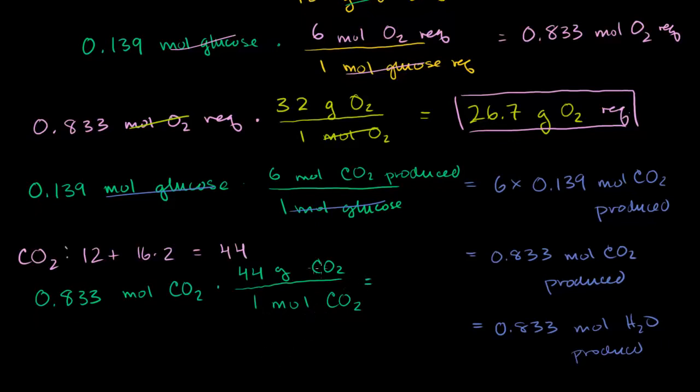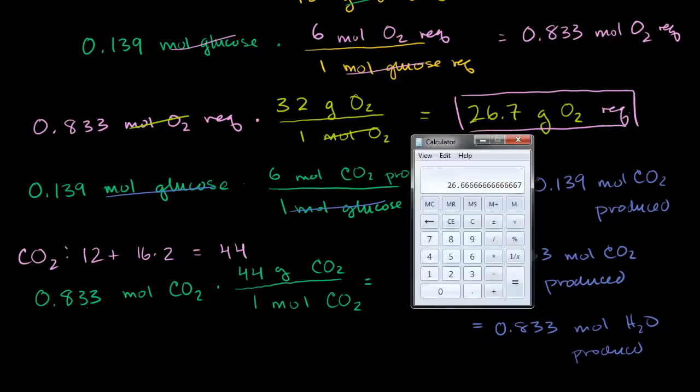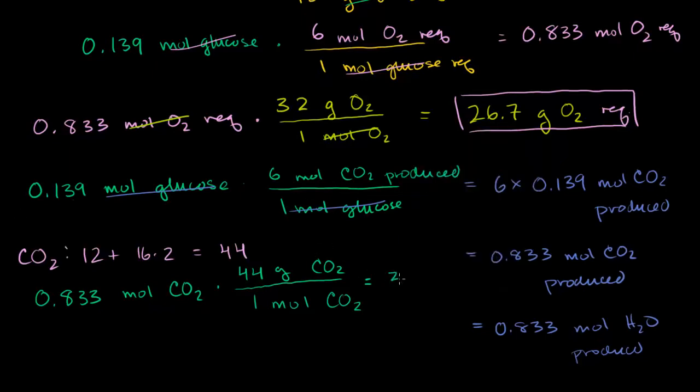So 0.833 times 44 is equal to 36, let's just say 36.7 grams of CO2 are going to be produced. And then we're almost done.